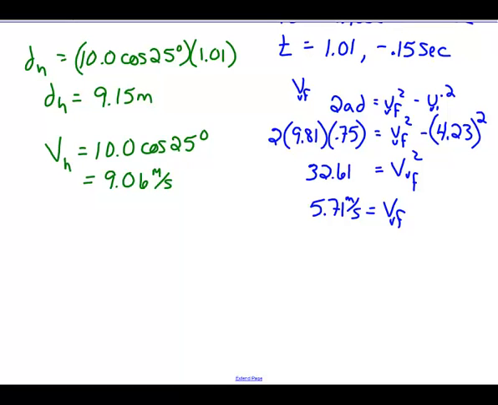Okay, so let's draw a diagram that shows that. So I have a horizontal velocity of 9.06 meters per second. I have a vertical velocity of 5.71 meters per second. Those are the components of my velocity when I hit the water. So my velocity, direction, and value, as I did before, is going to be the hypotenuse of the right triangle this creates.